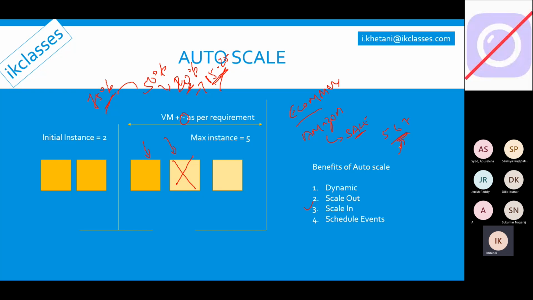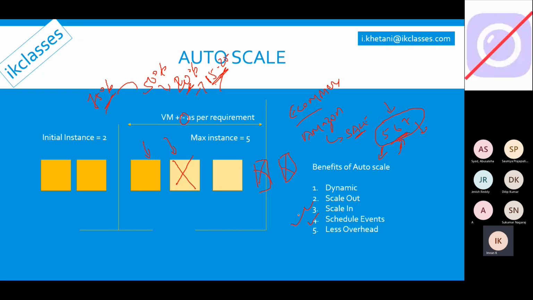They know for these 3 days they'll be experiencing high traffic, so they'll just schedule the event: on the fifth, add extra nodes, and on the seventh, just remove those nodes. You can achieve that using a scale set.